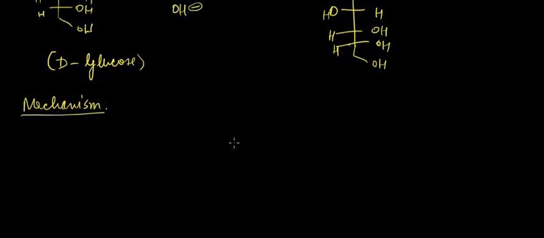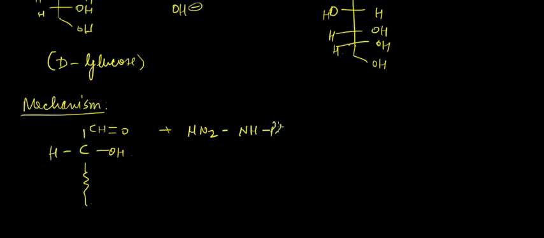So the mechanism is nothing but first our aldehyde group, or better let me write down CH double bond O and OH here, and the rest of the chain I'm just symbolizing. Then PhNHNH2; obviously dehydration will take place with a water molecule being removed from the two compounds, and as a result we'll be getting something like this.